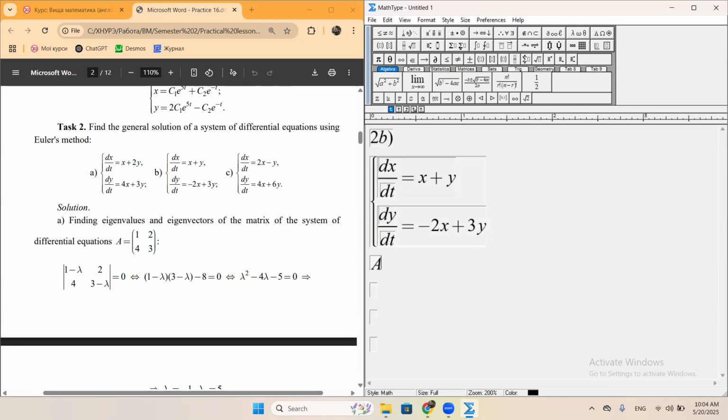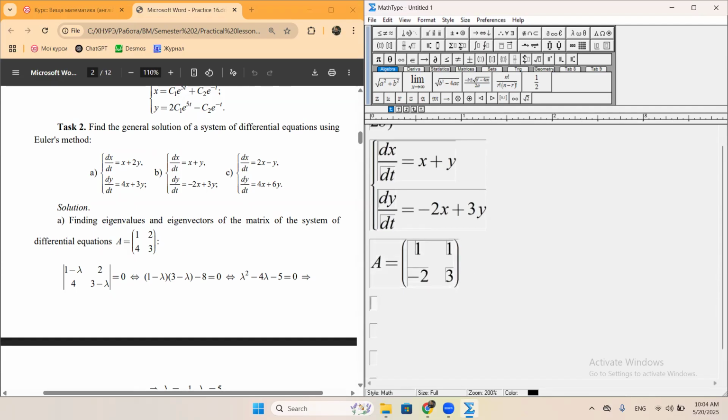So the matrix is the following: 1, 1, minus 2, and 3. Writing down the characteristic equation: 1 minus lambda and 3 minus lambda equals 0.